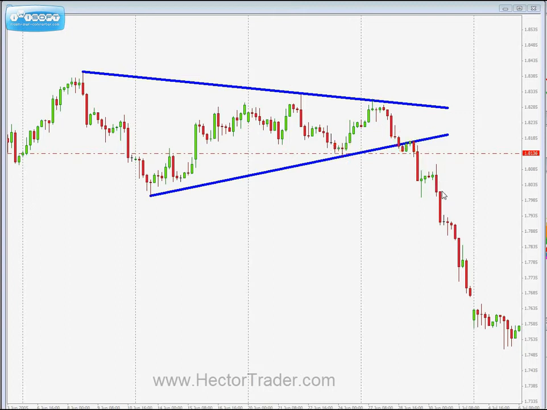Once that's been confirmed, and after the breakout you get 1, 2, 3 green bars, in this case, since we are trading short, we are leaning towards the short side of this trade. Sometimes it's just one green bar, a 1 bar pullback. Sometimes it's 2, sometimes 3, but not usually more than that.